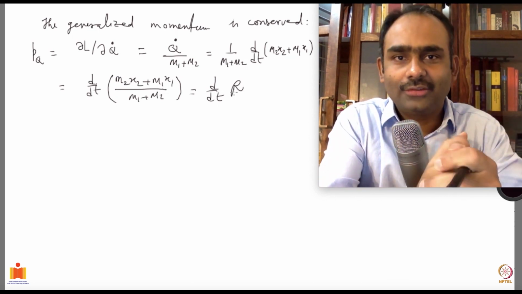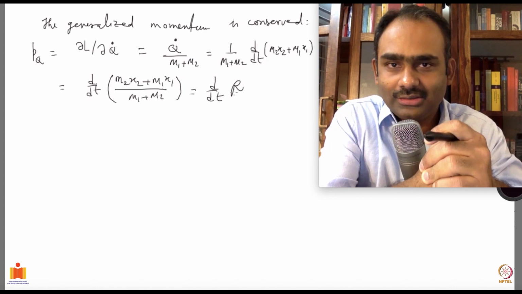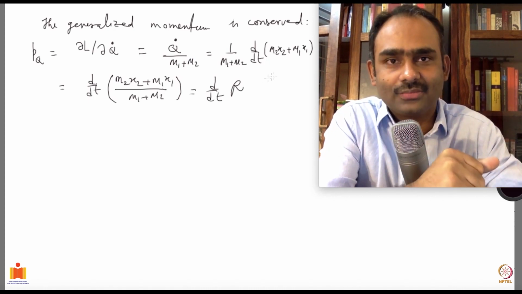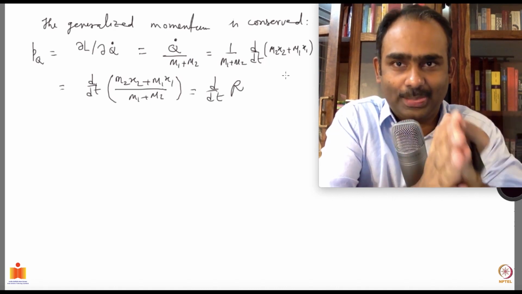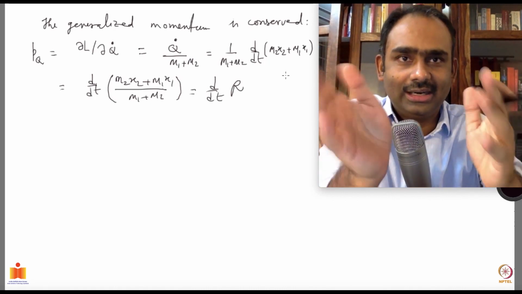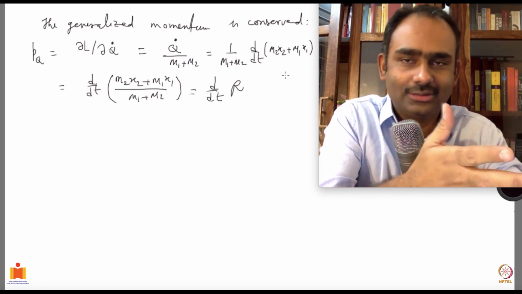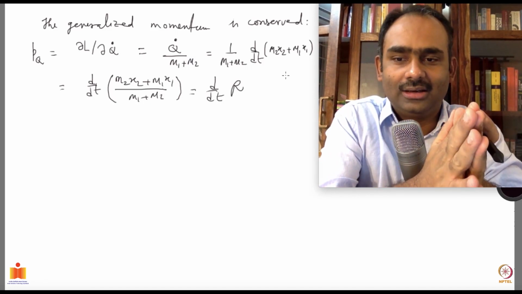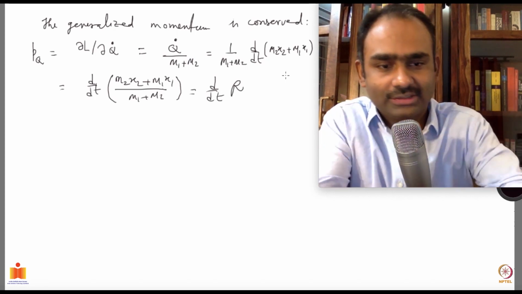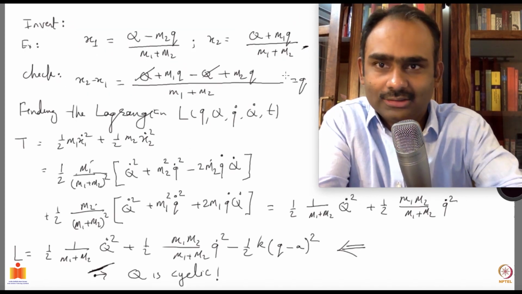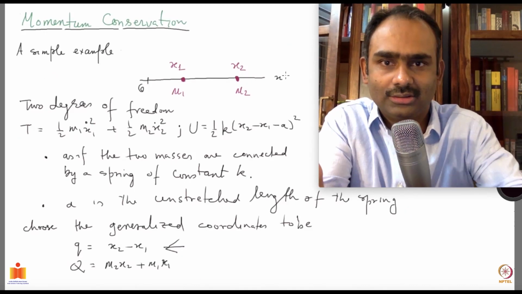You see, you have got this result because of the symmetry that was present in the system. If you take the entire system and move it rigidly to some other place, the Lagrangian would not change. I hope you can see that here, in the first place when we wrote down the Lagrangian.